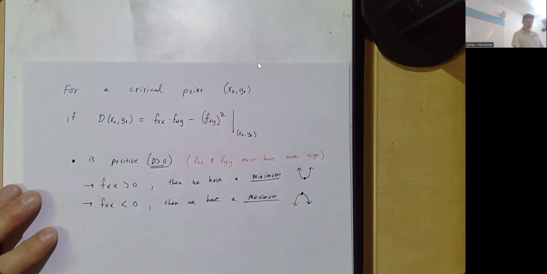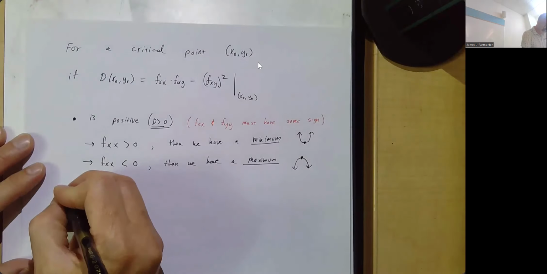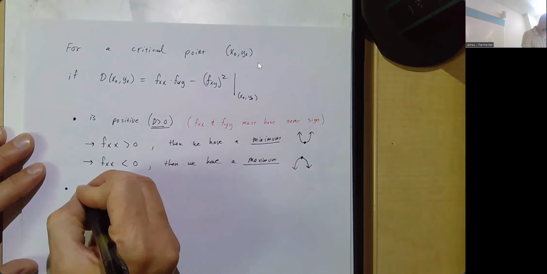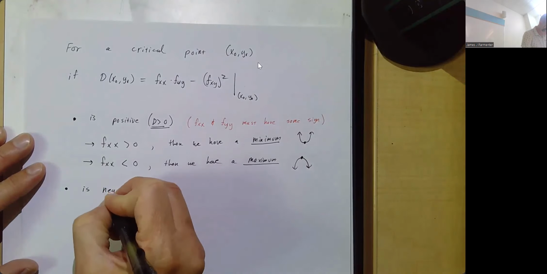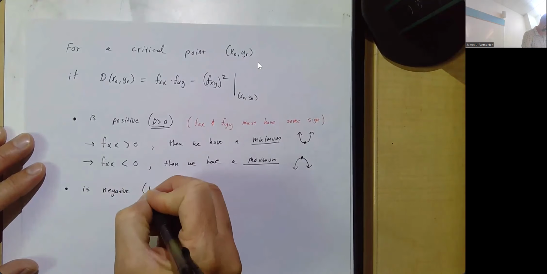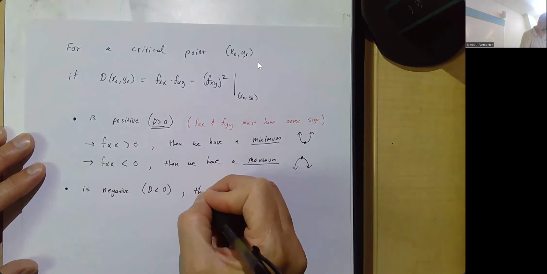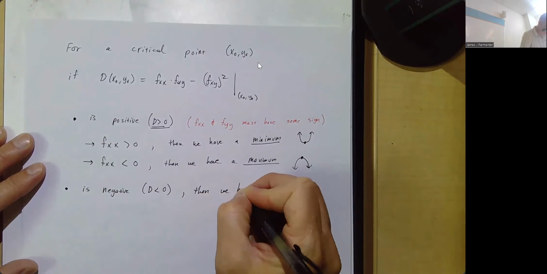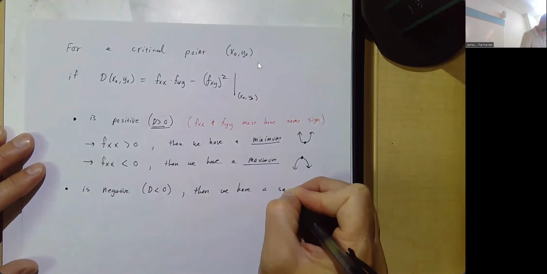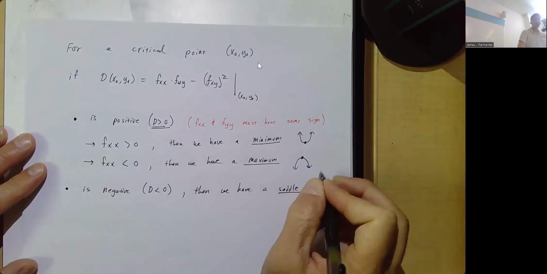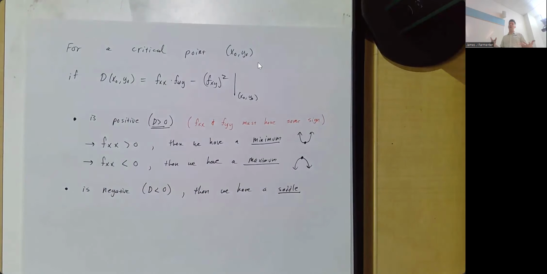On the other hand, if D is negative, then you're done. Then we have a saddle. And what that kind of means, although it's not always specifically in these directions, is that one direction is concave up and another direction is concave down.